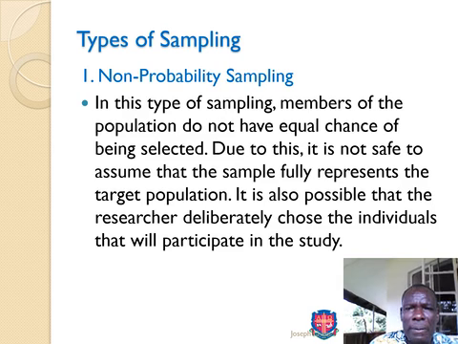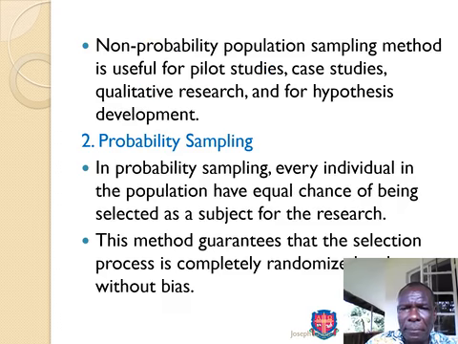It is also possible that the researcher deliberately chose the individuals that will participate in the study. Non-probability sampling is useful for pilot studies, for case studies, for qualitative research, and for hypothesis development.